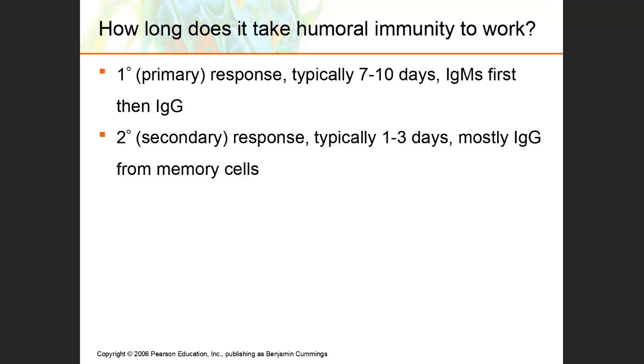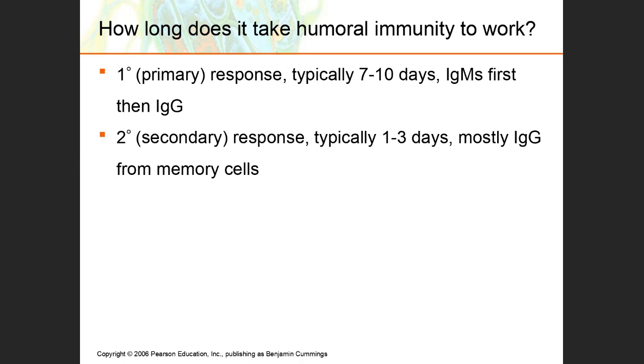And that's an average. In some people, it takes longer, but on average, 7 to 10 days. But after you've made those antibodies, you have memory cells, memory T cells, memory B cells. So they remember for later. So the next time you encounter that same antigen or that same pathogen, whether it's 2 weeks later, a month later, a year later, you can make antibodies in as little as a day.